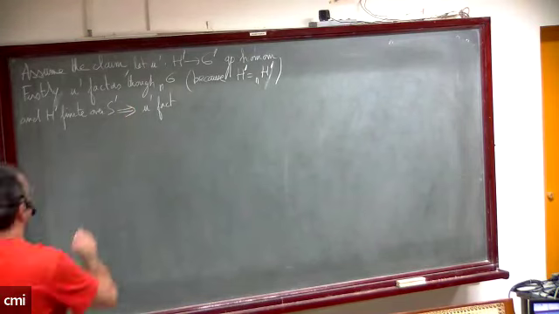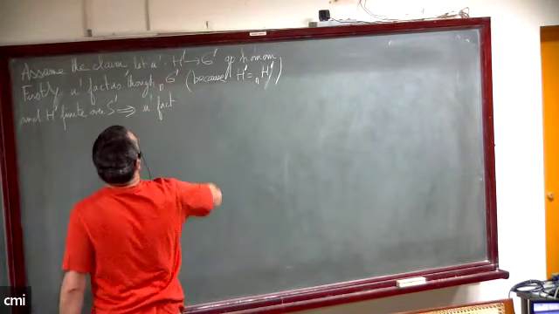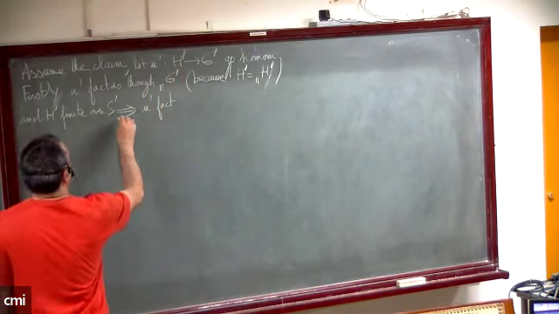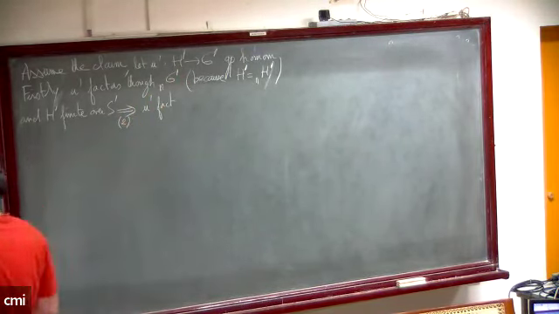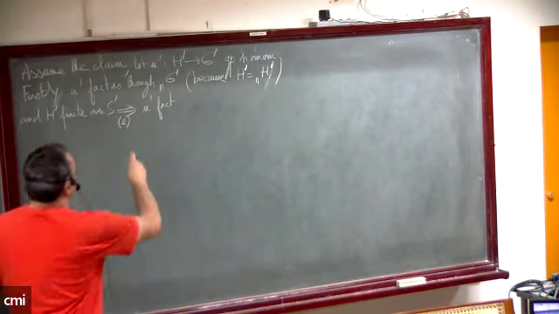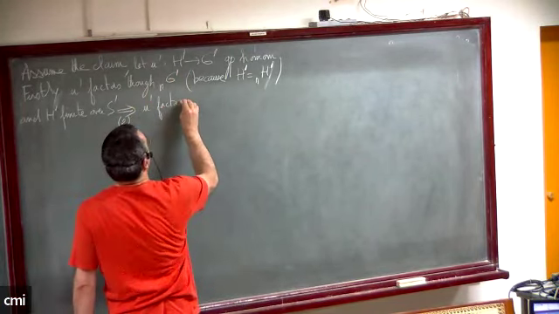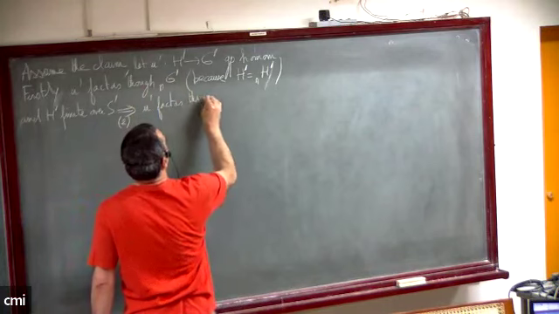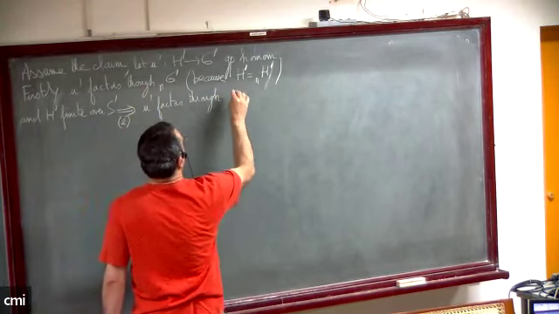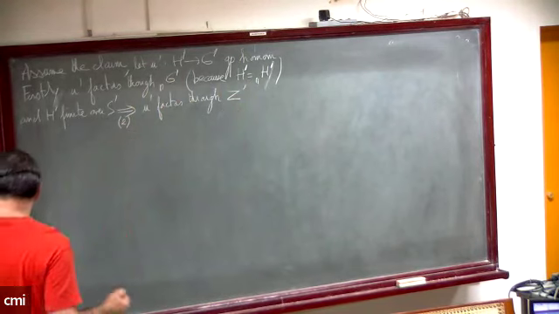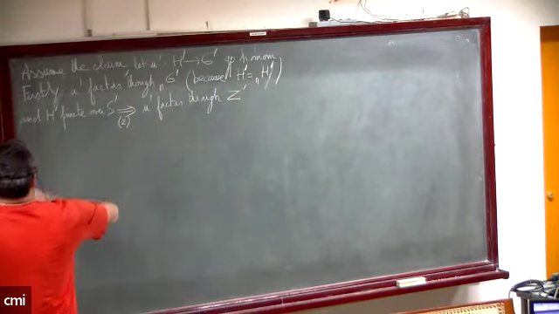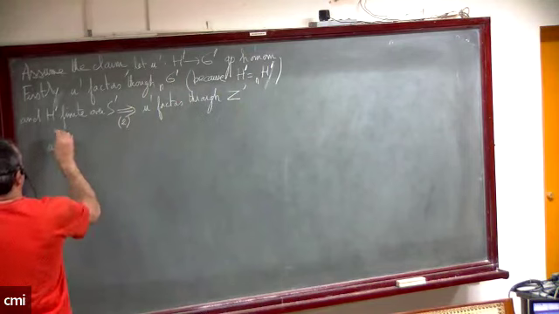And so by the claim 2, u prime factors through Z prime.